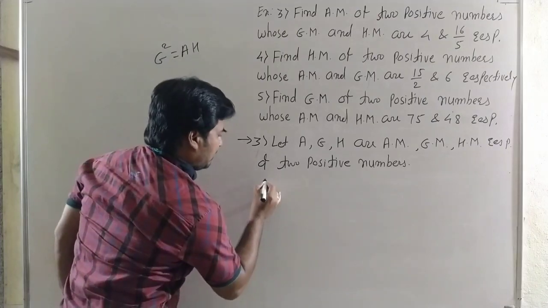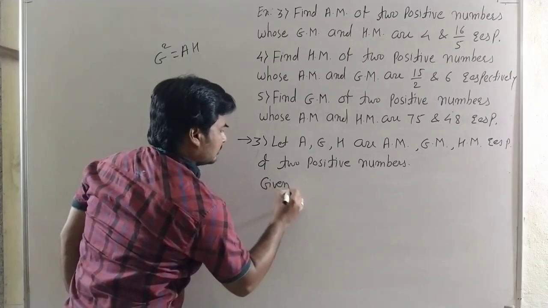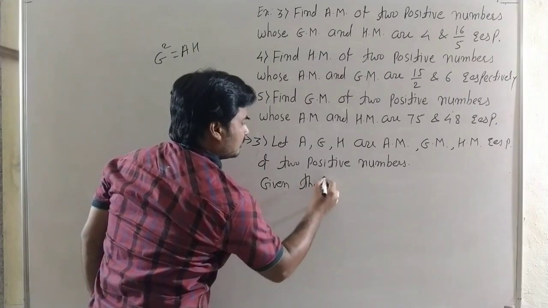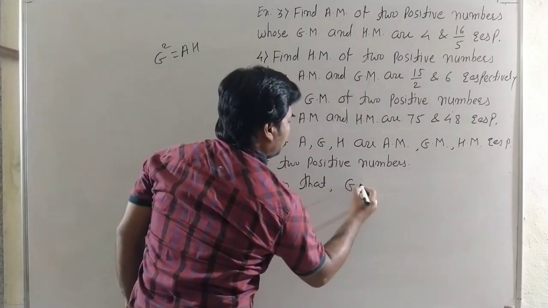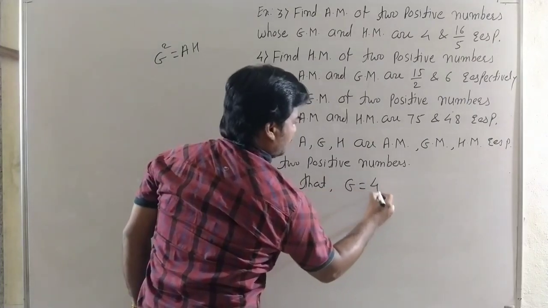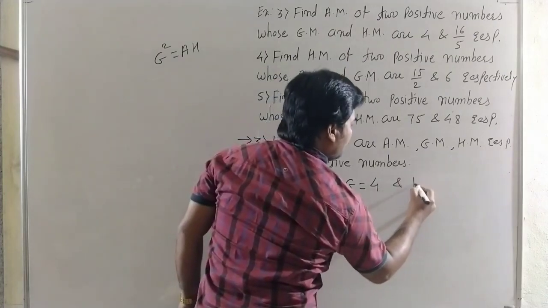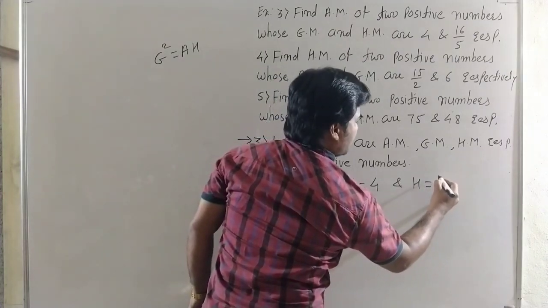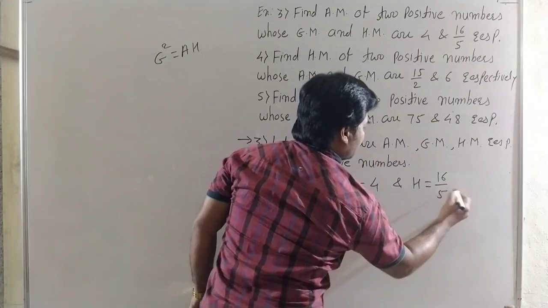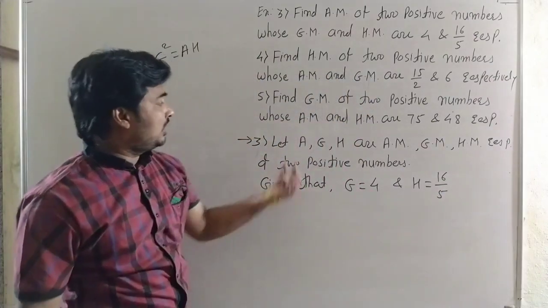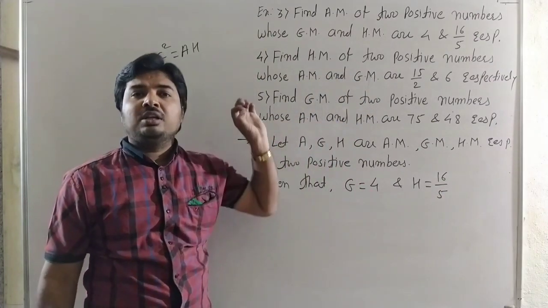Here given that geometric mean G is equal to 4 and harmonic mean H is equal to 16 by 5. These two values are given, and we want to find A, that means the arithmetic mean.